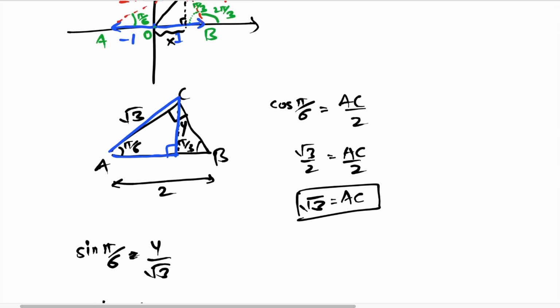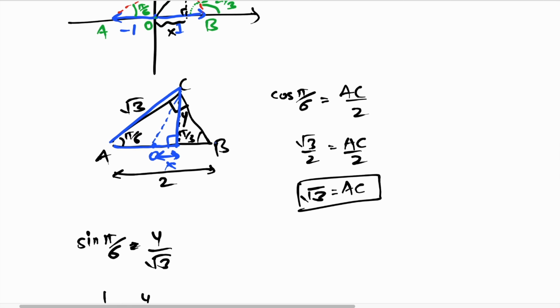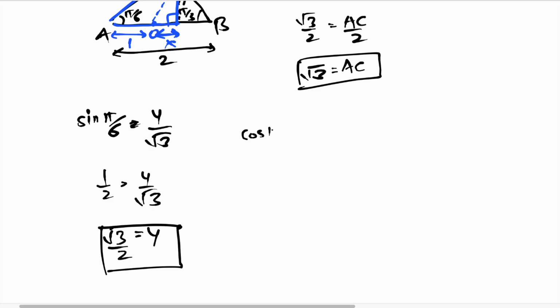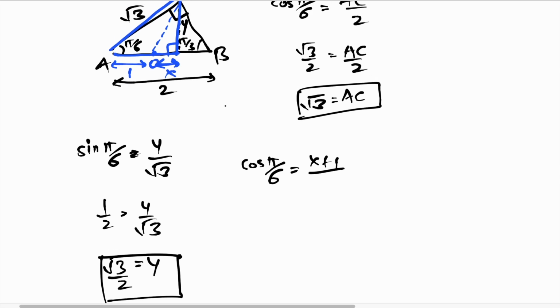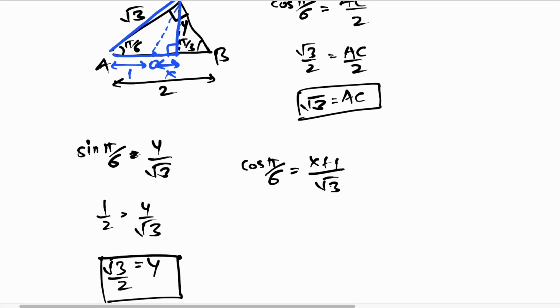So for that, what I'll do is label the point O in the diagram as well and connect it like this. So this horizontal length is the real part. Okay, and from A to O, the distance is 1 unit. So using trigonometry again, I can say cos pi by 6 equals x plus 1, which is the adjacent side, upon the hypotenuse root 3.